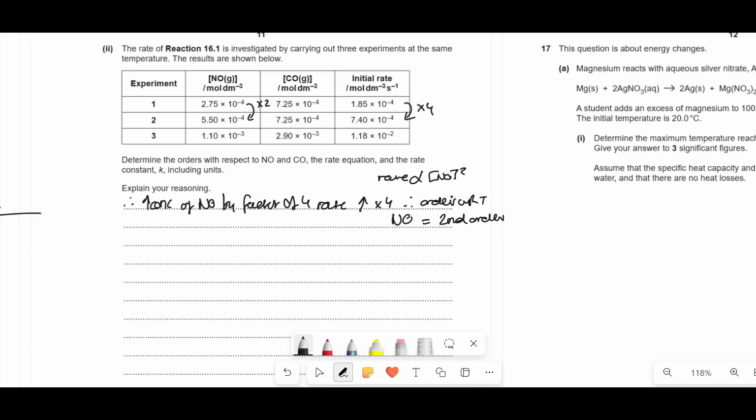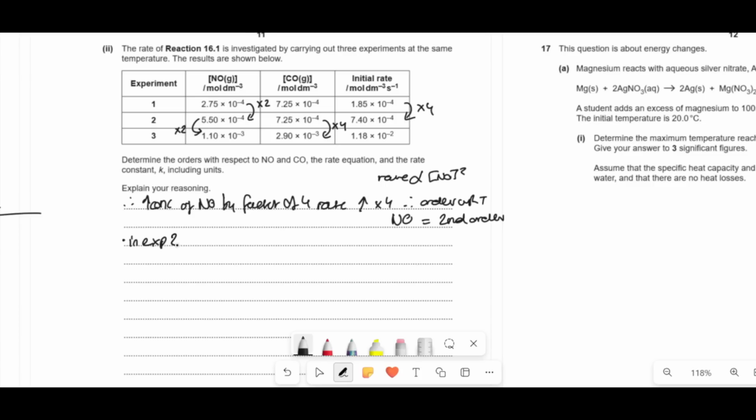Now all you do is pick another experiment and compare them as well and see what happens. The only one where CO changes is here. So what's happening from that to that? If you do 2.9 times 10 to the minus 3 divided by 7.25 times 10 to the minus 4, that has been times by 4 to go up that way. What's happened here? 1.10 times 10 to the minus 3 divided by 5.5 times 10 to the minus 4 gives us times 2.